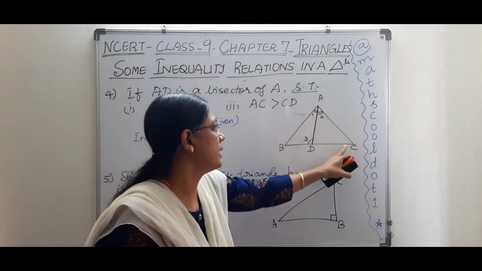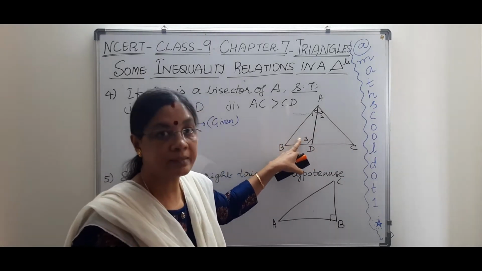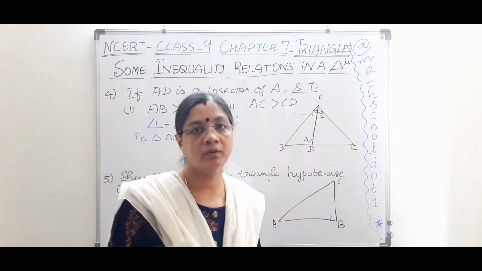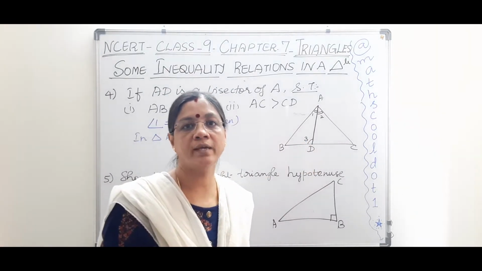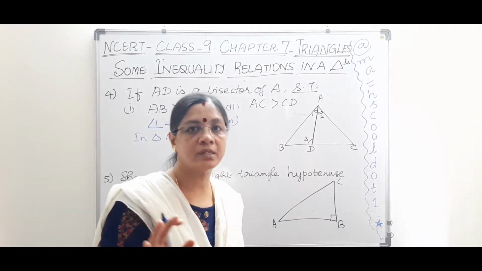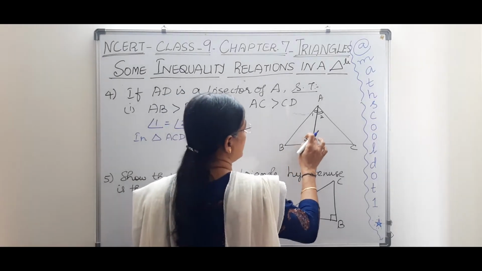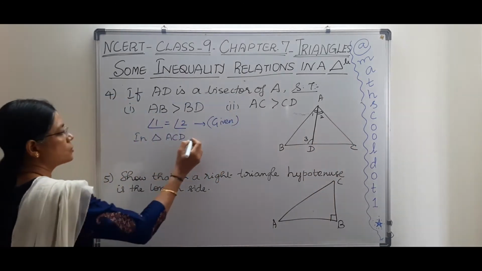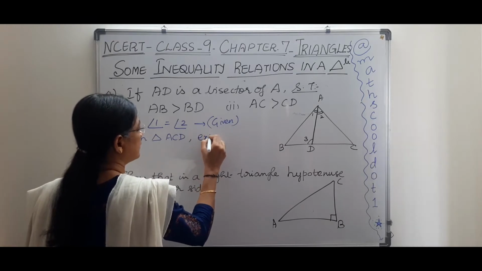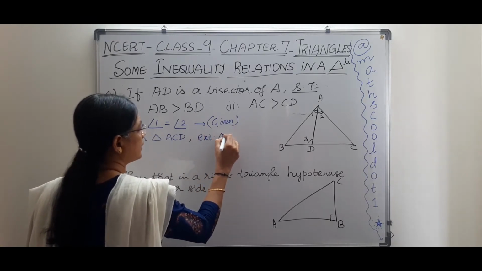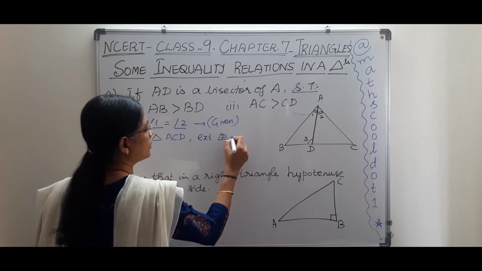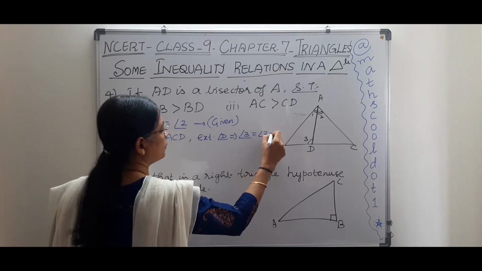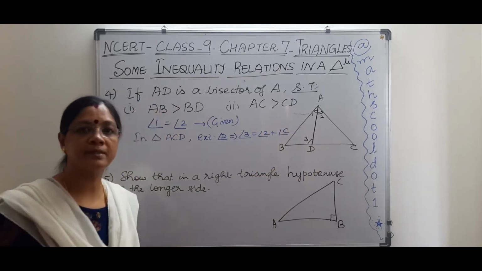For triangle ACD, angle 3 is the exterior angle at D, right? What do we know about the exterior angle? Exterior angle is always the sum of the opposite interior angles, right? So angle 3 will be equal to angle 2 plus angle C, according to this triangle, right?